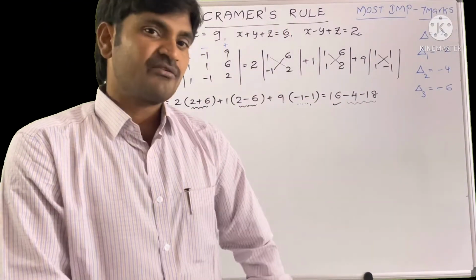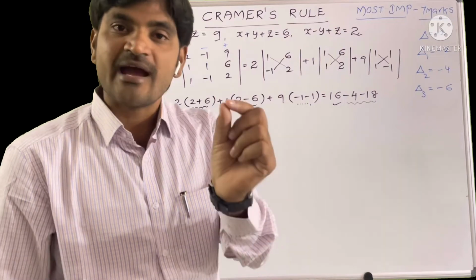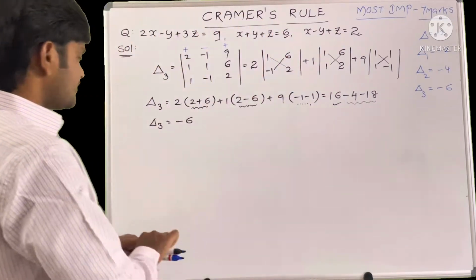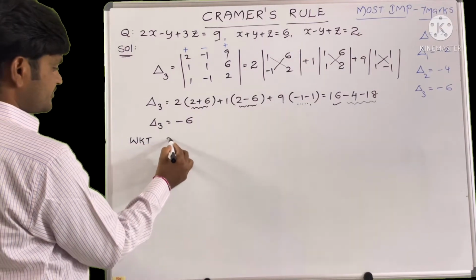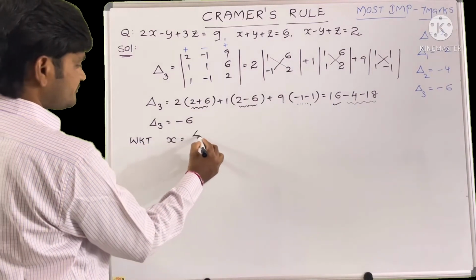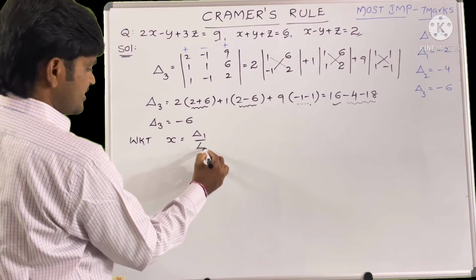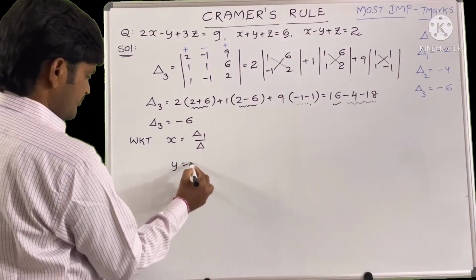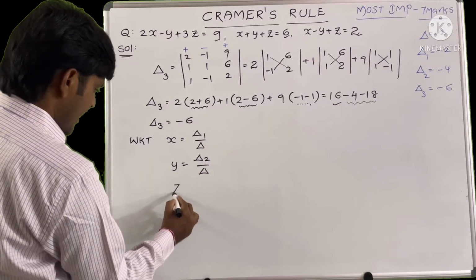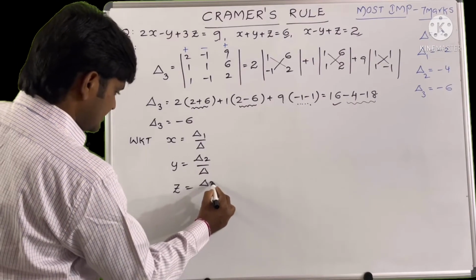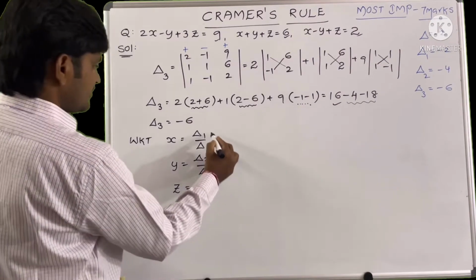So now we want to find the x value, y value and z value. The formulas are: x is delta 1 by delta, y is delta 2 by delta, and z is delta 3 by delta.